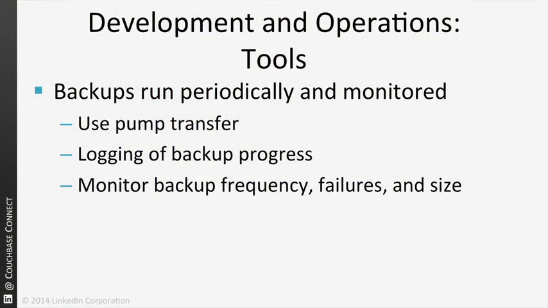We also do complete logging of our backup progress, and we monitor the failures on backups and the size of backups. So if we need to go into some complete disaster and revert to that backup, we know that it's actually there because we're monitoring the backup process when we do it.